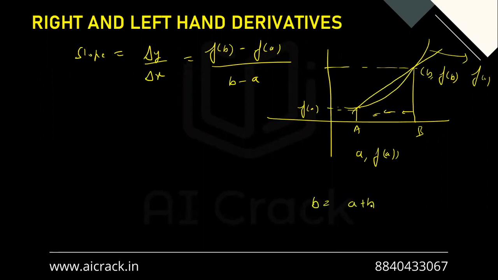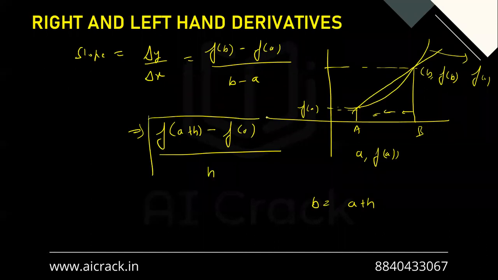We all know what h is. H is a very small positive number. We have taken b so close to a that b equals a plus h. So this will give me f of a plus h minus f of a divided by b minus a, which would give me h. Now you can see how the derivative formula came.